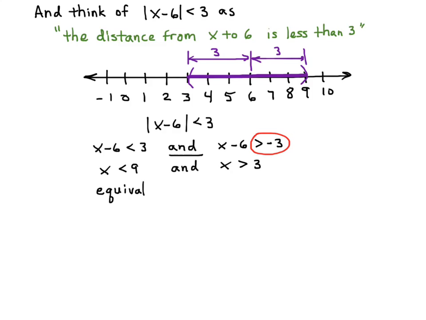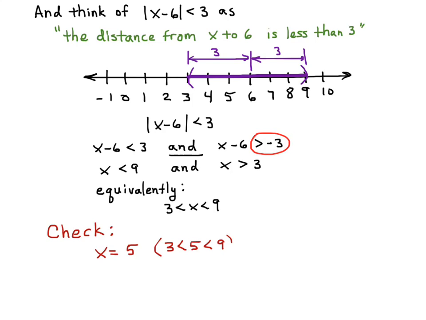So when we solve this, we get this interval. Now, before I start checking, x has to be less than 9 and it has to be greater than 3. It's certainly not an or, because if that was an or, then 10 would be a solution, right? Because 10 is greater than 3. But it can't be. It also has to be less than 9. So we can rewrite these ands as 3 is less than x, which is less than 9.